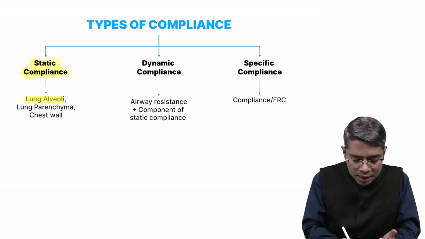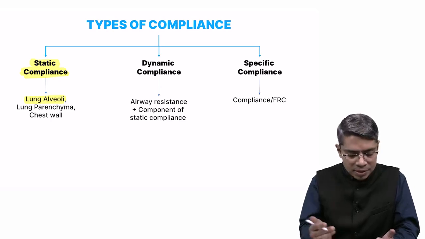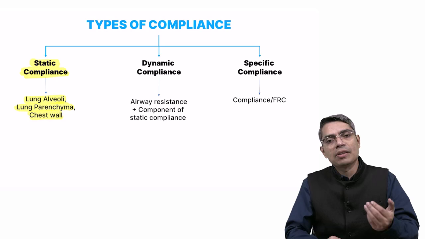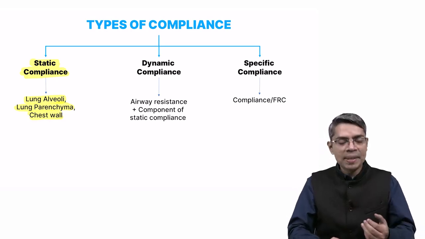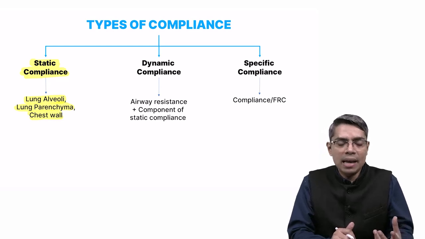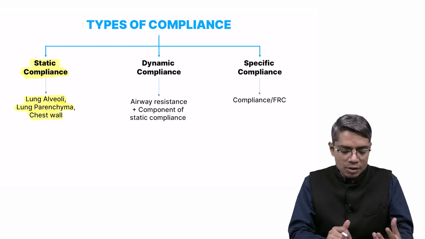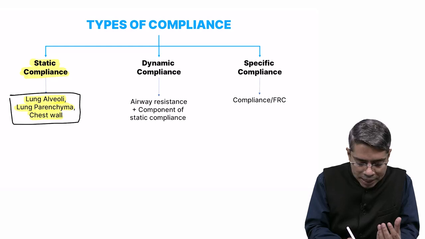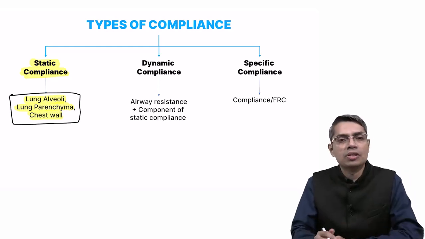The opposing forces are coming from the elastic tissue surrounding the alveoli, the elastic tissue in the parenchyma, and the elastic tissue in the chest wall, as well as the surface tension. So basically, the compliance that we have discussed is known as the static compliance, and it gives you the status of your lung alveoli, your lung parenchyma, and your chest wall.